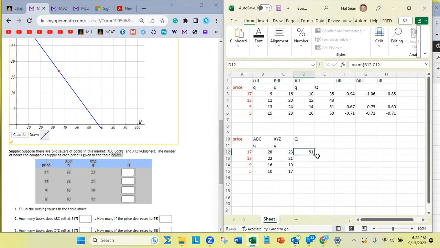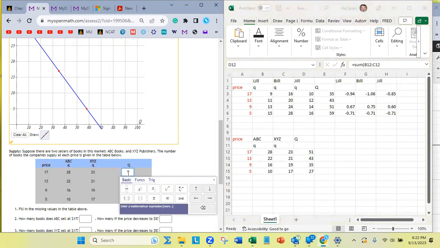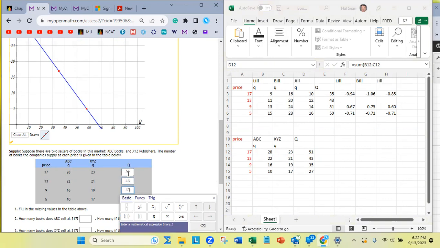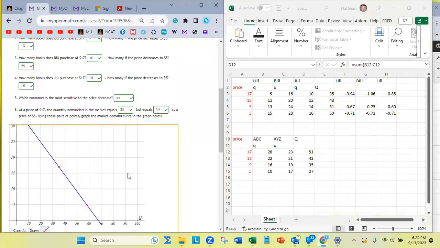And we get 51. Pull that down, we get 43, 35, and 27. So 51, I'm going to hit the tab button, 43, tab button, 35, tab button, 27, and hit enter.